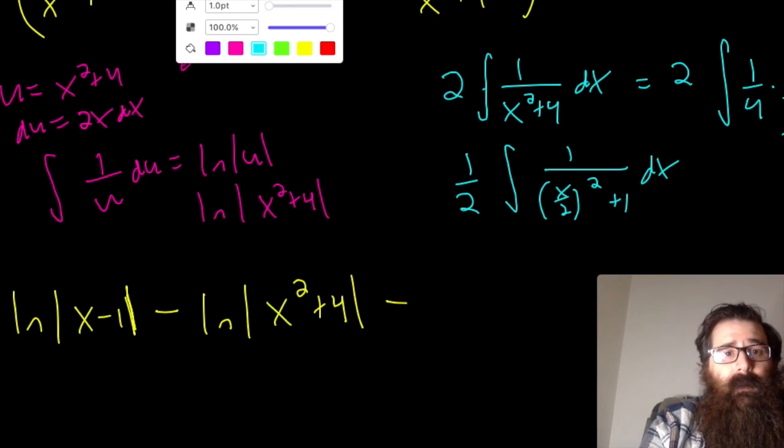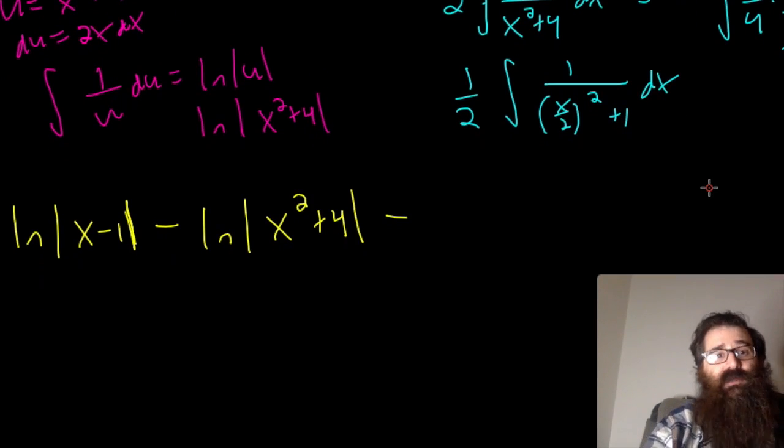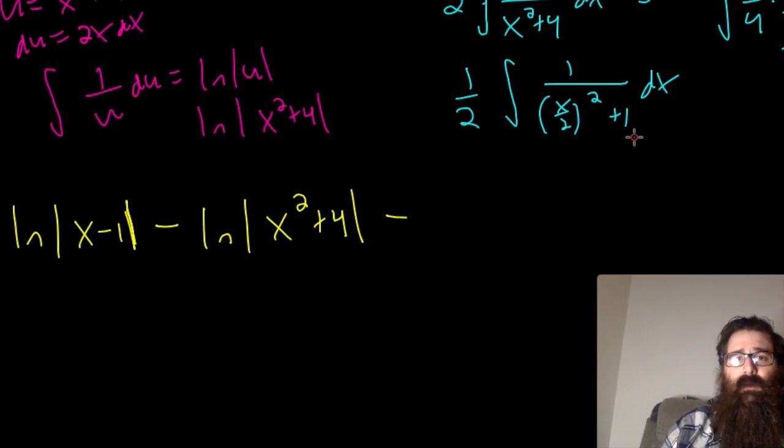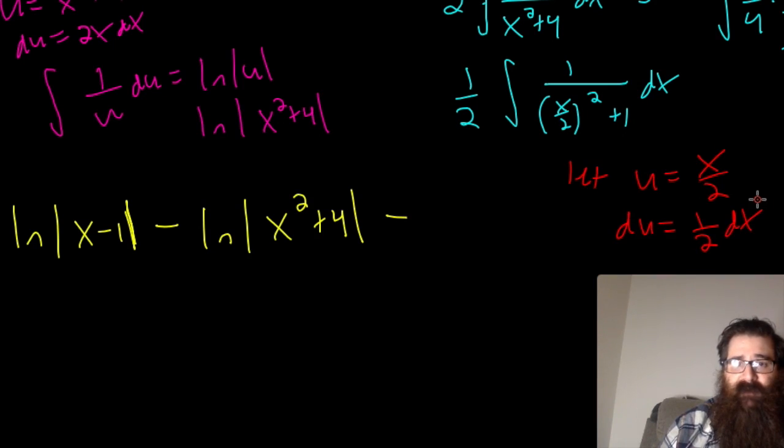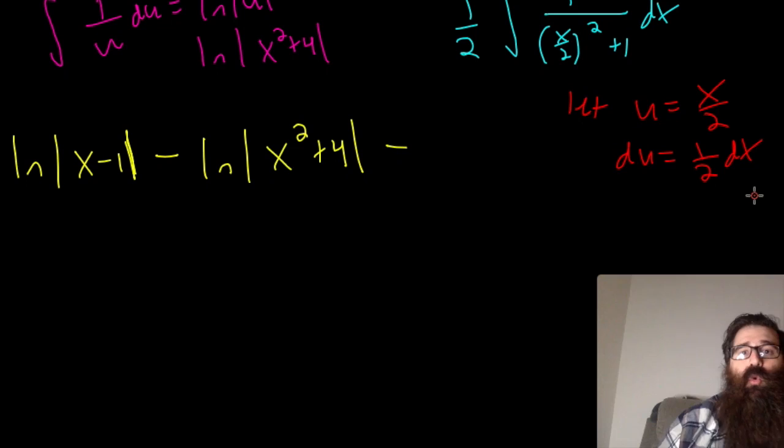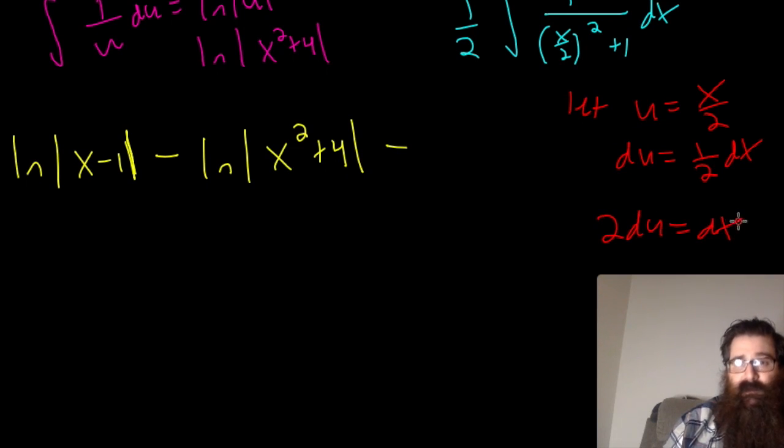And from here, I'm still going to want to work with a u substitution. So here, I would go and say, let's let u be equal to x over 2. Then du is 1/2 dx. Or if I solve for dx, then 2 du is equal to dx.